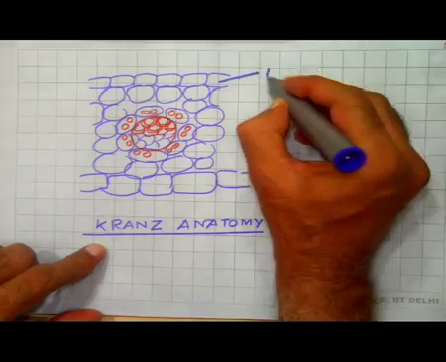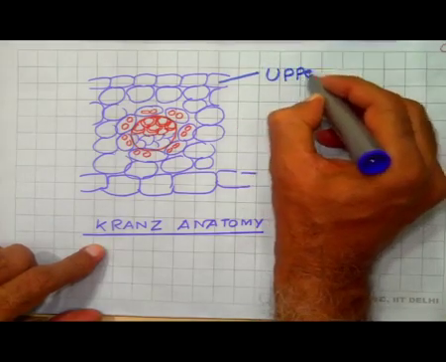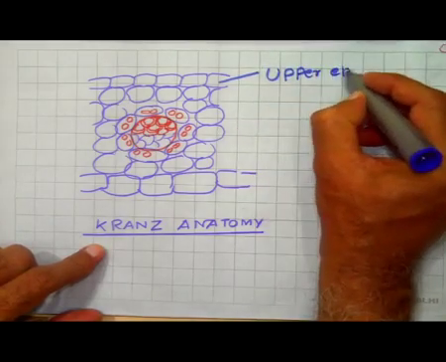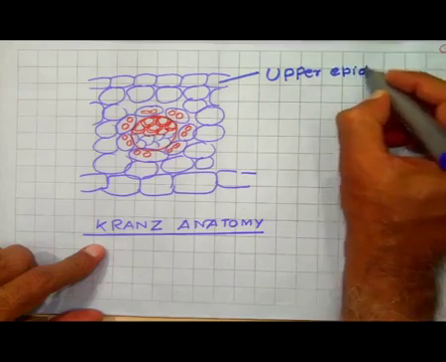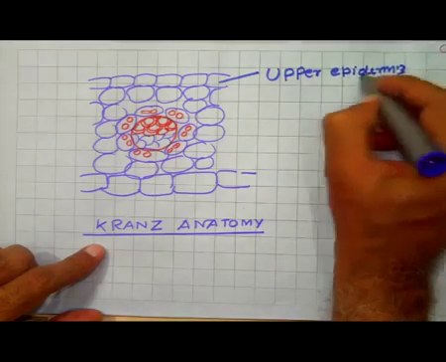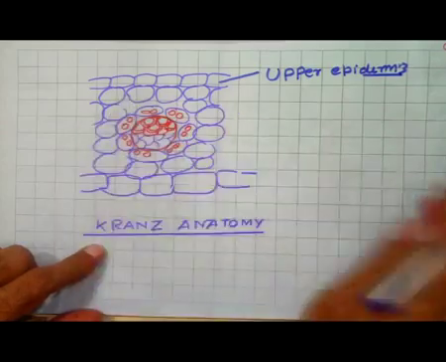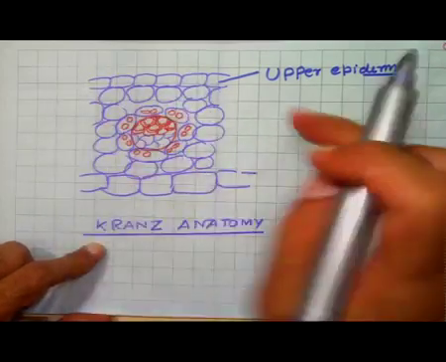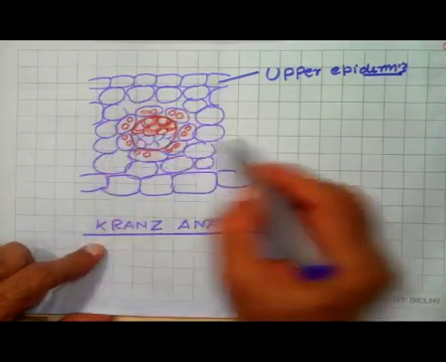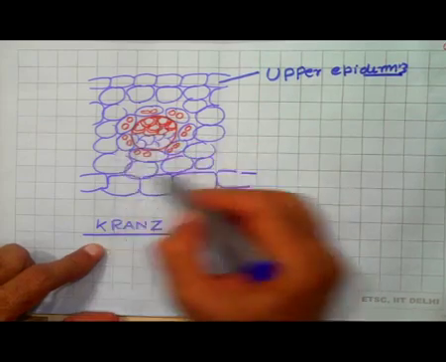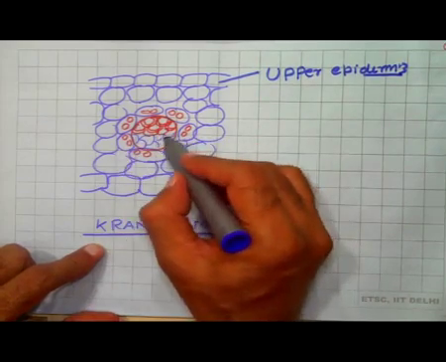This one is the same as the C3 plant. Here is the upper epidermis. There is no palisade parenchyma, as you see, and here is the vascular bundle.